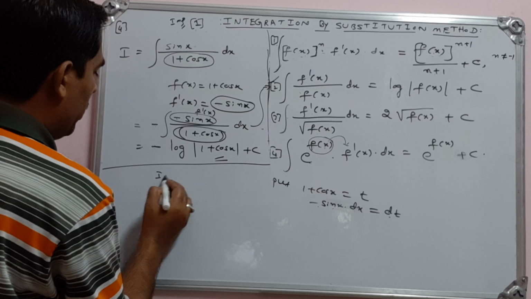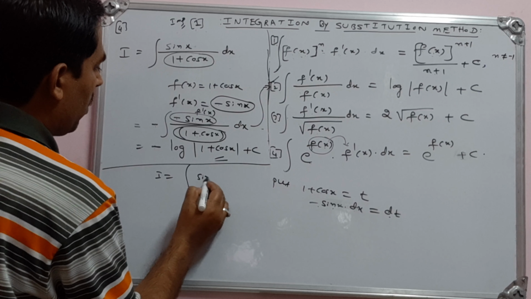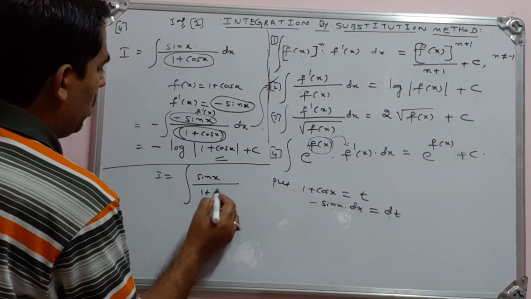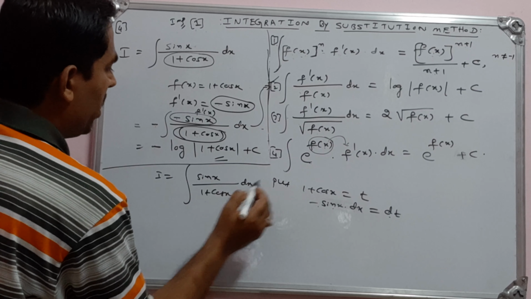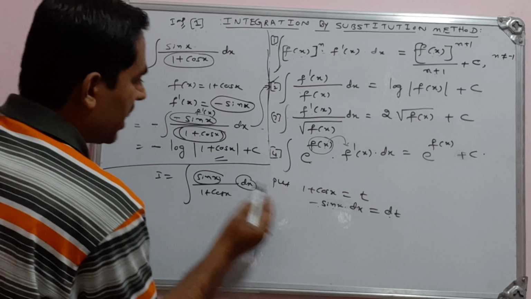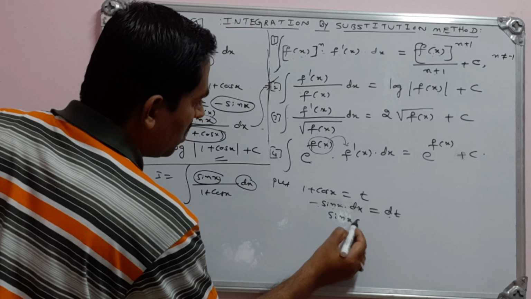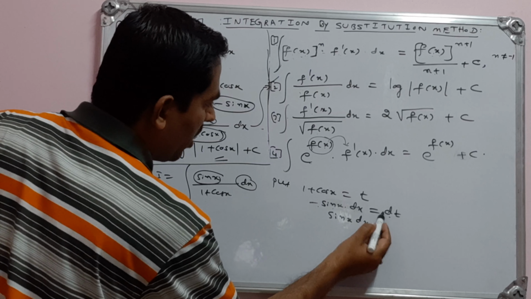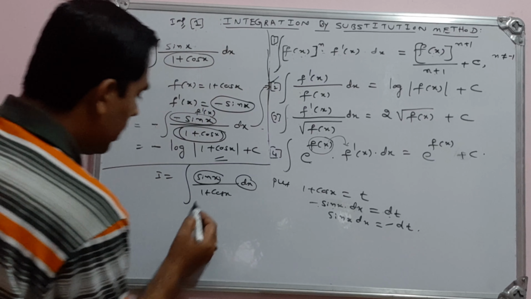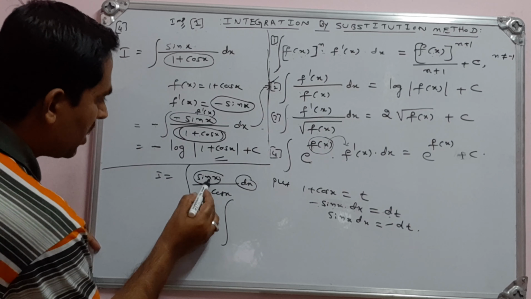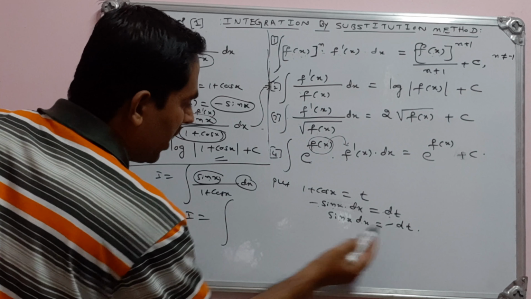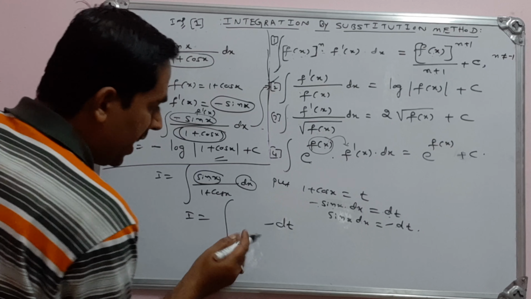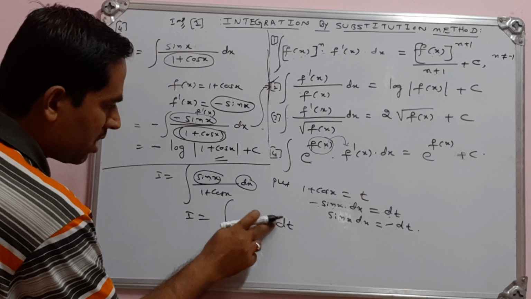So we have the integral of sin x divided by 1 plus cos x into dx. I have only sin x dx, so I want only sin x dx. Sin x dx is equal to minus dt. Then this becomes minus dt, and I can write this minus outside.